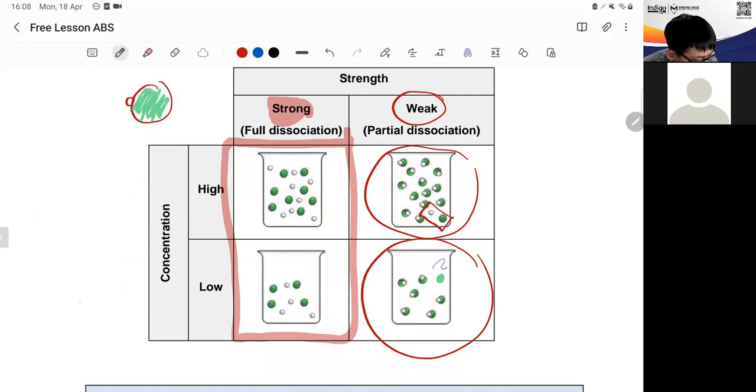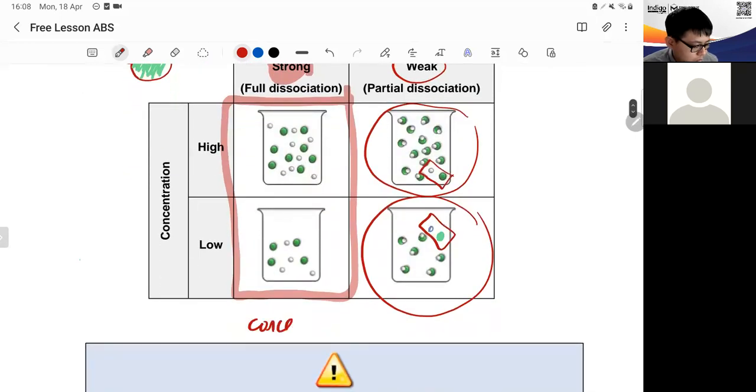So what this diagram is trying to prove is that a weak acid is always weak regardless of concentration. It depends on the acid itself. Again, concentration versus strength, they are not related to each other.